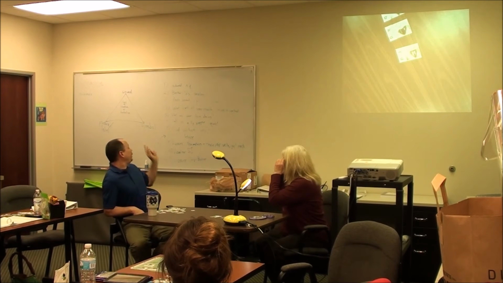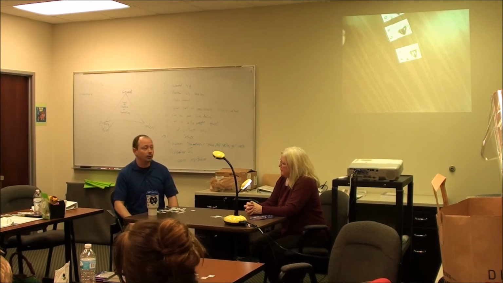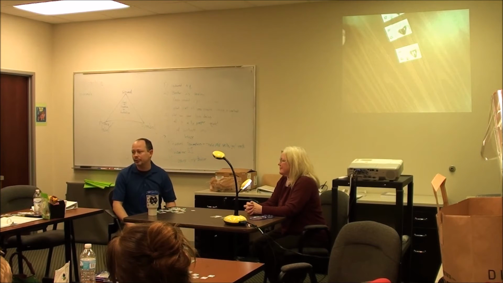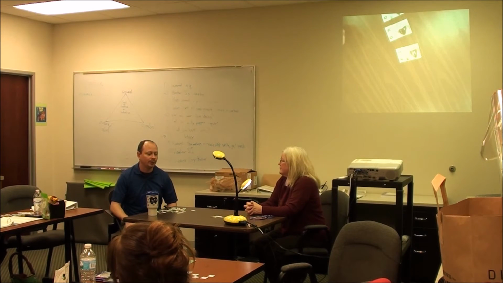Let's go to our triangle here. I should be able to give her any part of the triangle, and she should be able to give me the other two parts. Does that make sense? Okay. So if I say, Debbie, I want you to show me where the noisy lip popper is.